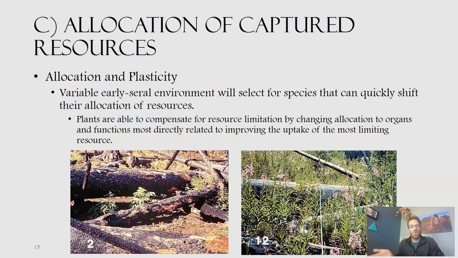Versus his, it was more like a disturbed environment. His was very water limited and harsh. It was not beneficial for that plant to invest in the leaves. So instead, having that plasticity, it reallocated resources to its roots.